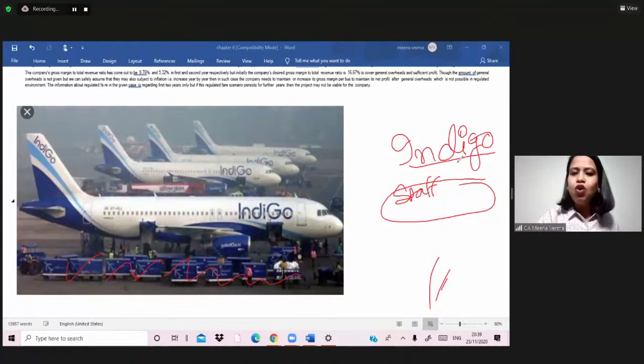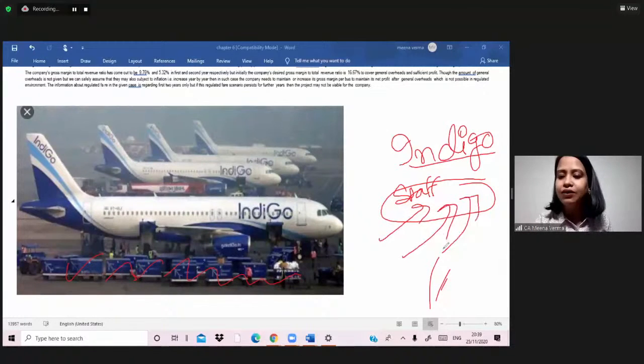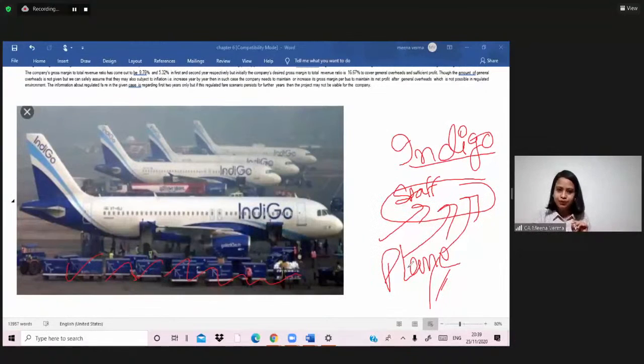Indigo is a very big organization, and in that big organization they run different planes. Now remember, before reading this question, the organization will incur various costs. First, there are some costs which are related to the entire organization, the entire Indigo company.